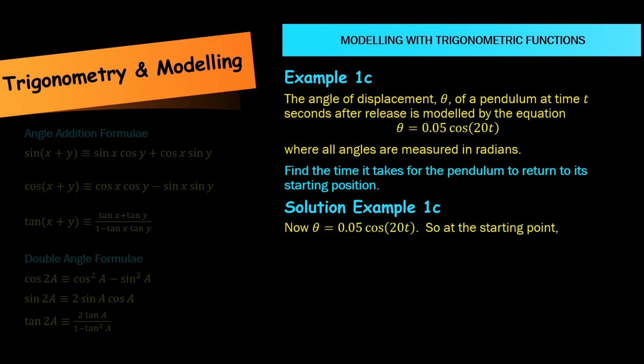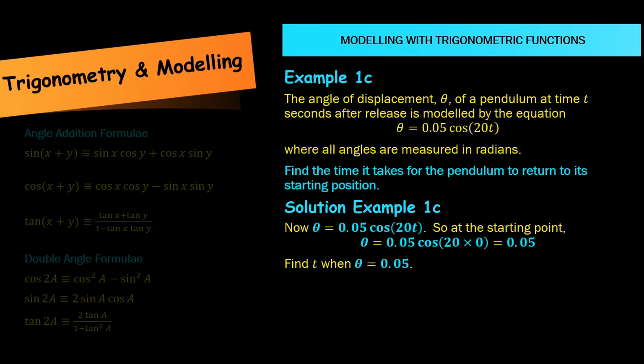At the starting point, in other words, when t is equal to 0, we have that theta equals 0.05 cos 20 times 0, which is equal to 0.05. And therefore, we are required to find the value of t when theta equals 0.05.